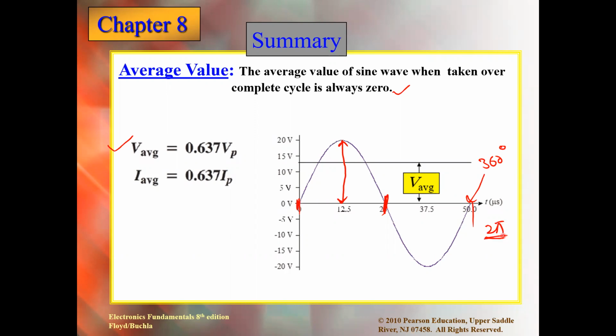It will take 2 pi radians to complete a cycle. So if a complete cycle is 2 pi, how much will be the half? Will it be pi or not? 180 degrees, or pi. And what will be at the center? It will be pi by 2.